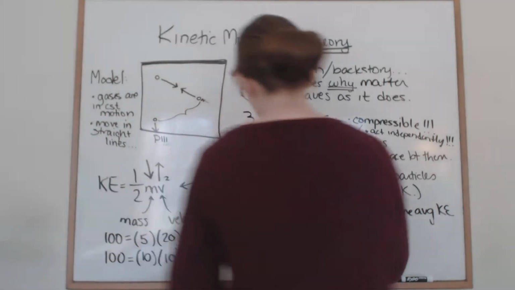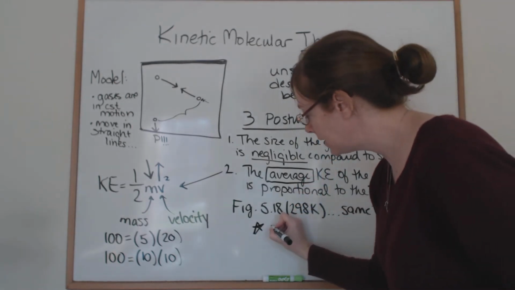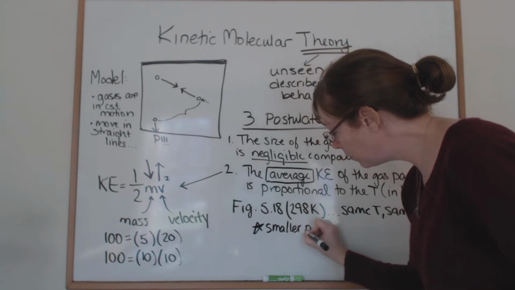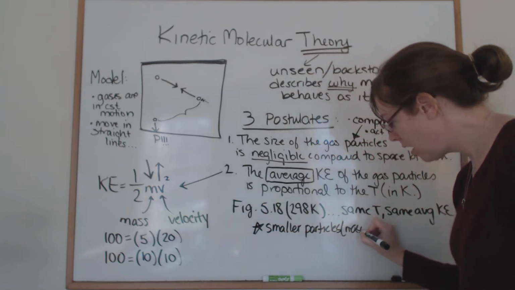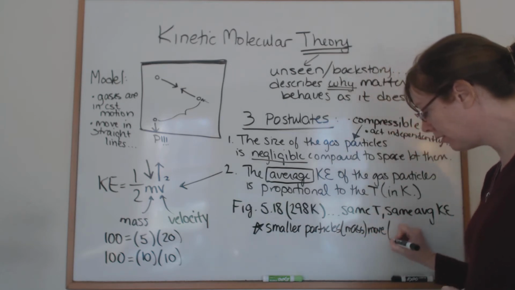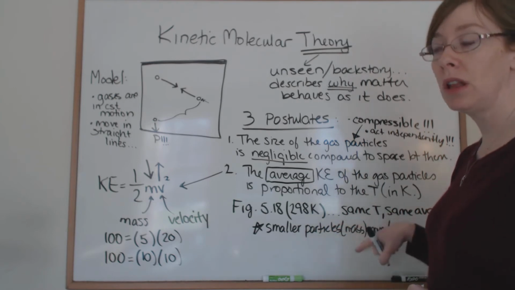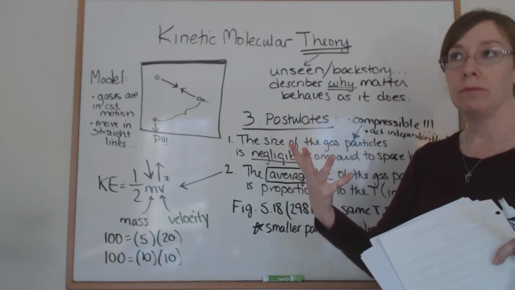So if we wanted to make a clean-cut statement, it's this. Smaller particles, and when I say smaller, I'm talking about in mass, move faster. And larger particles move slower, okay? That makes perfect sense.